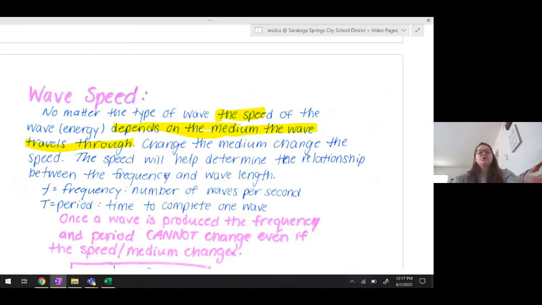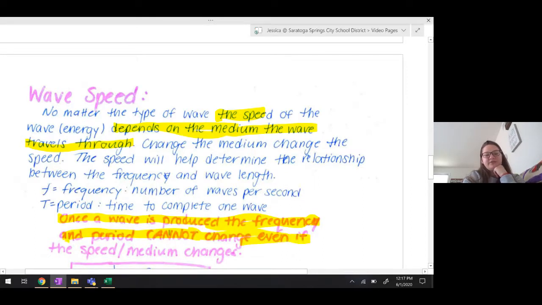Okay. So one thing that is really important is once a wave is produced, the frequency and period cannot change, even if the medium and speed changes. So even if that speed changes as we go from water to air, even if the speed changes as we go from vacuum into the atmosphere, the frequency of that wave isn't going to change because that frequency depends on the initial oscillation that created that wave.